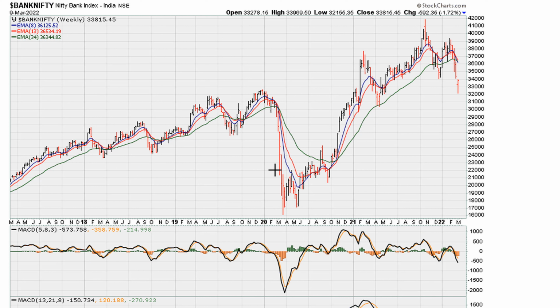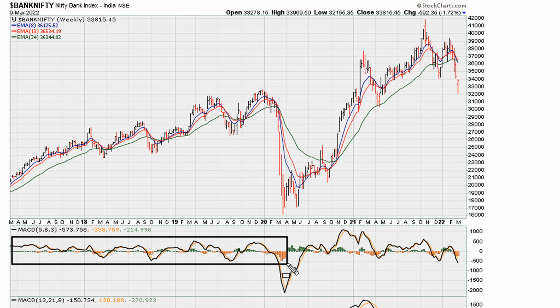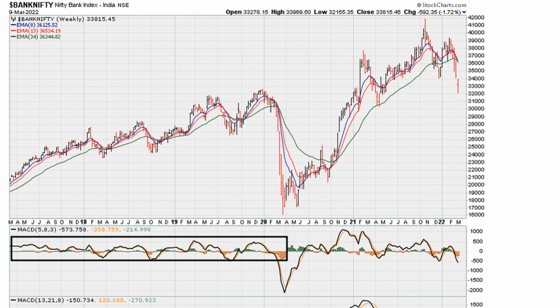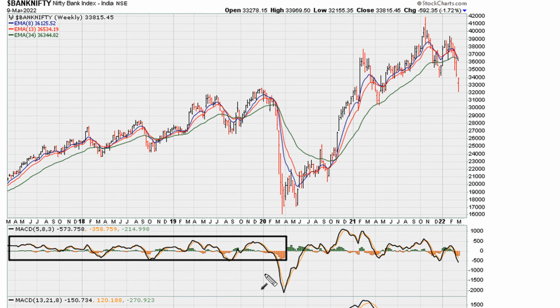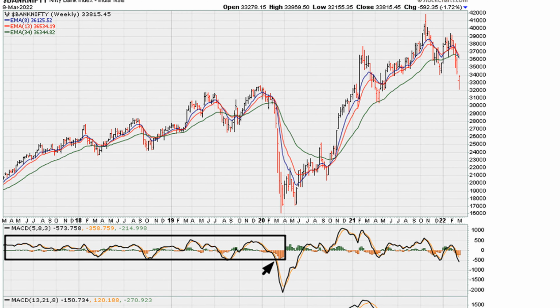Now, to illustrate this point even better, take a look at the major lows coming in early 2020. So major lows right here and here. So we can see that in 2020, the market was down significantly, which meant we came off the range. This was the range. So any crossover after that, coming off the range, any crossover should be reliable.